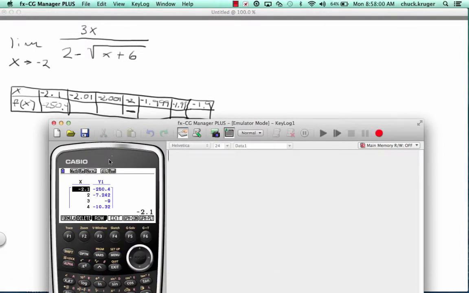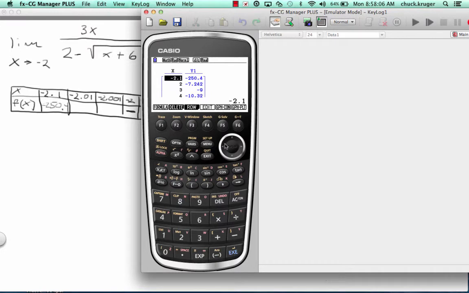Back to the calculator, and then I'm going to go down here. Maybe what I'll do is put all my values in first. Negative 2.01. Enter, negative 2.001. So I'm approaching negative 2 from the left. That's why I chose those numbers.